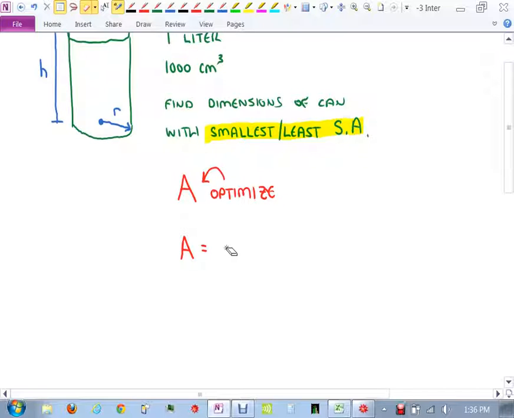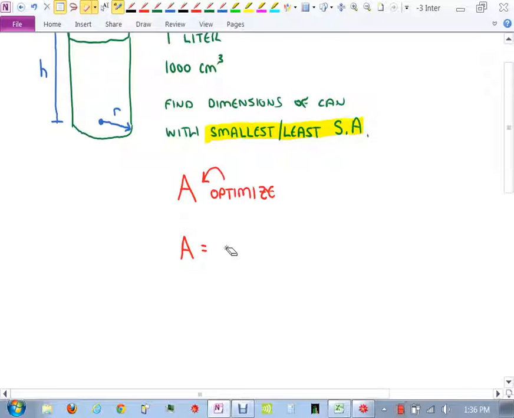This is the height of the can, and the distance across here is the circumference of the can, which is 2 pi r. So the surface area of a beer can is the area of this part, which is 2 pi r h, plus pi r squared plus pi r squared, so 2 pi r squared.